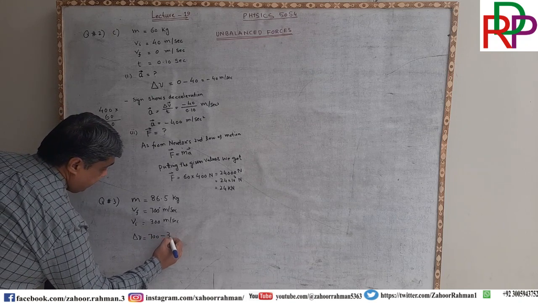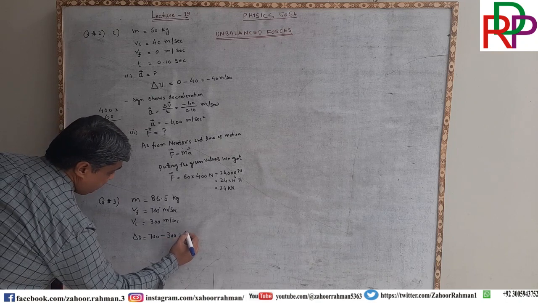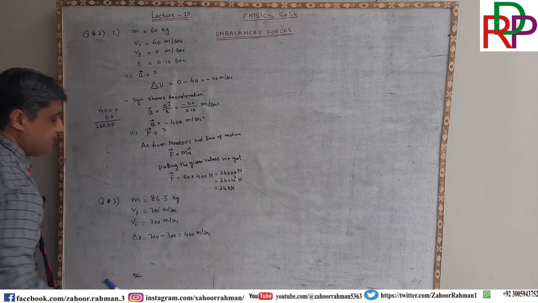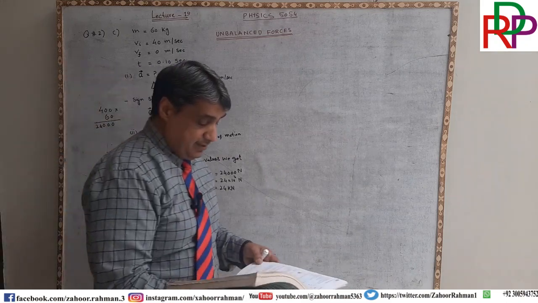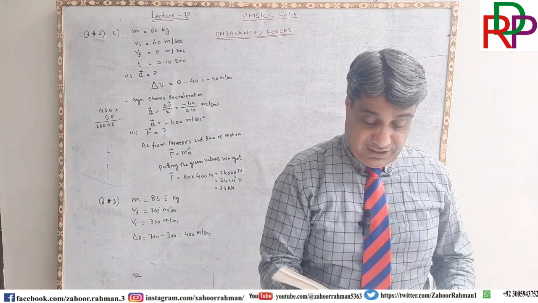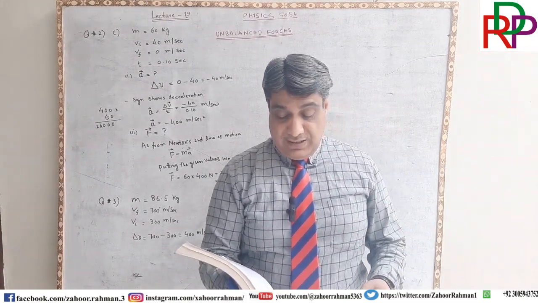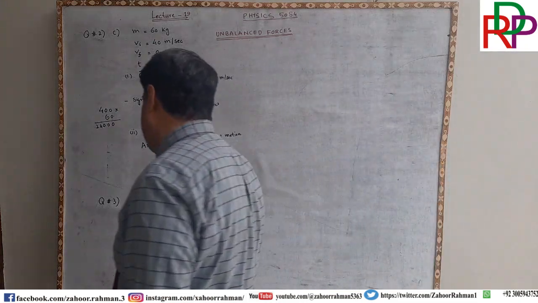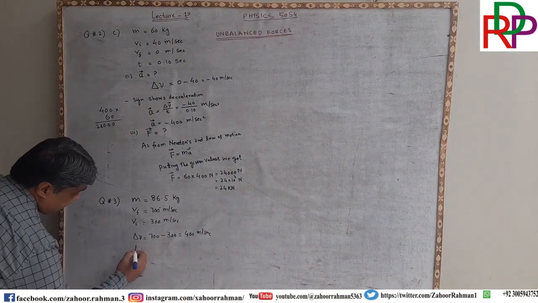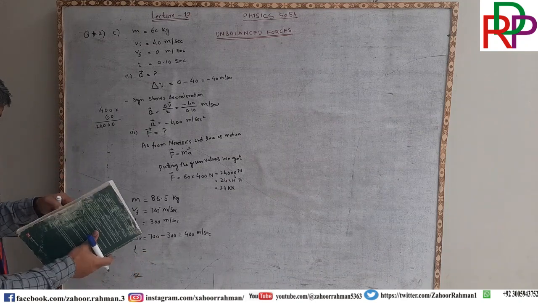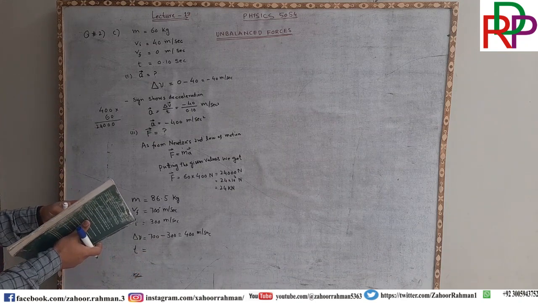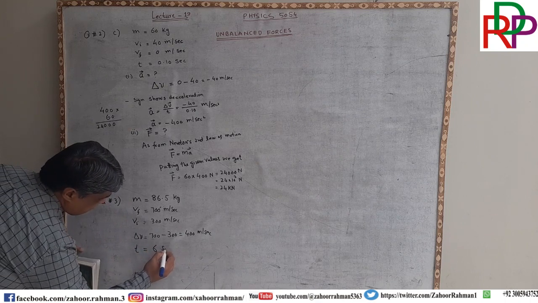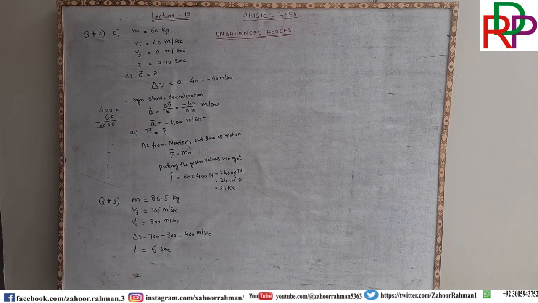So 700 minus 300, which will be equal to 400 meter per second. Time is given as 6 seconds.